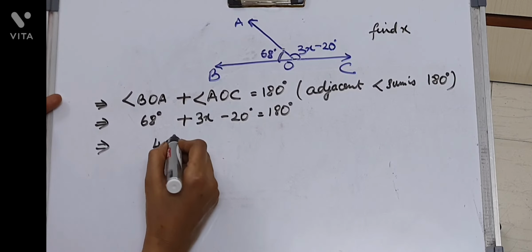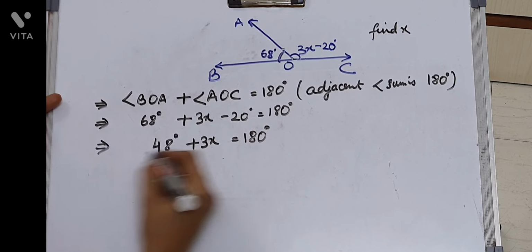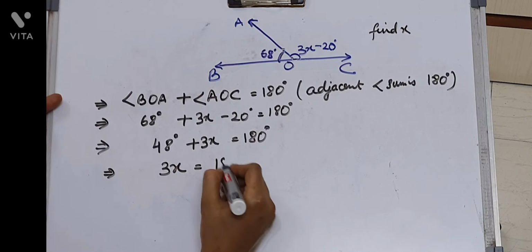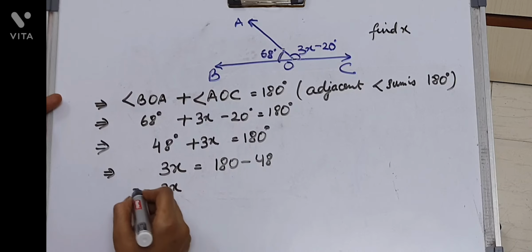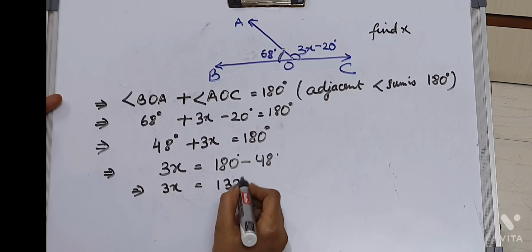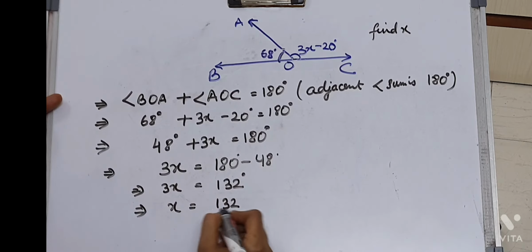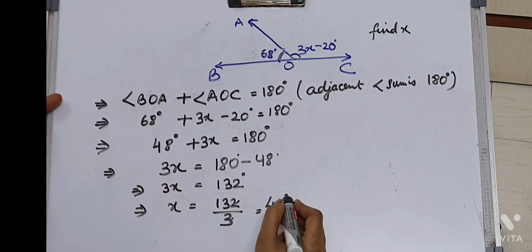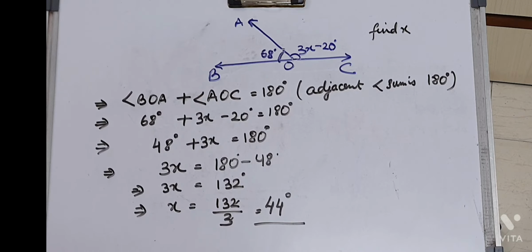This is 48 degrees plus 3x is equal to 180 degrees. Now again we will keep 3x on the left side and 48 on the other side. After calculation it is 132 degrees. Now we solve for x. 132 divided by 3 is what? 44 degrees. So the x value here is 44 degrees.